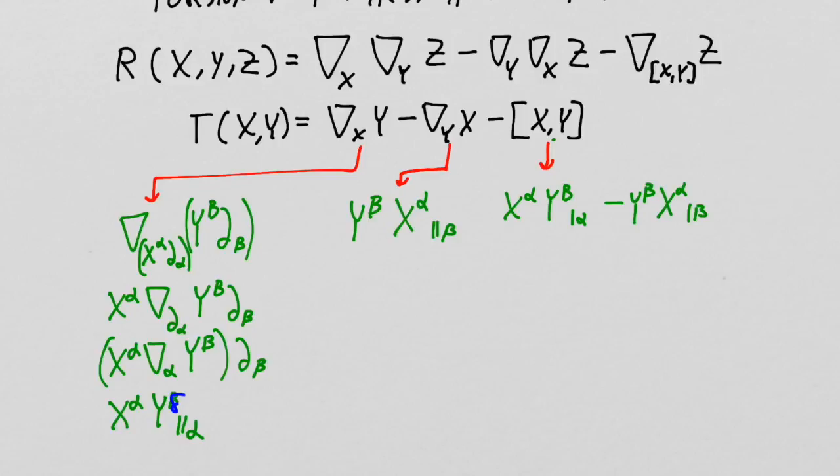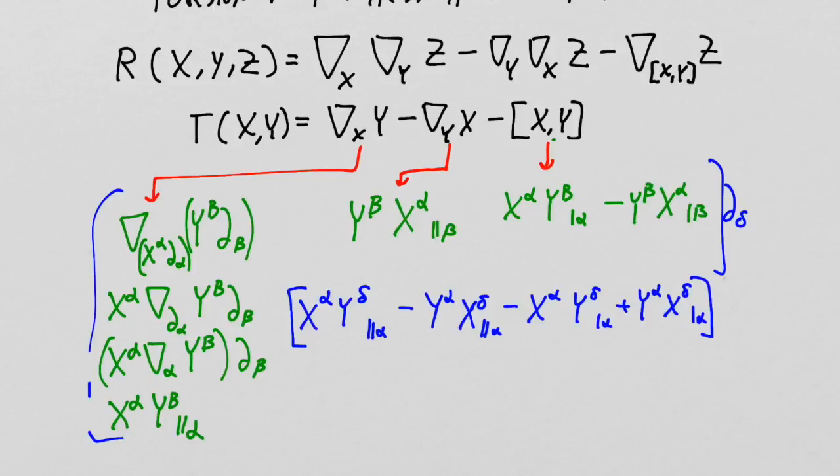Now we can always change the dummy indices arbitrarily. So we've got to get it so all the leftover indices are delta, so the final thing has, in principle, one partial delta at the very end of everything when we finally group it all together. And that final expression would look something like this.